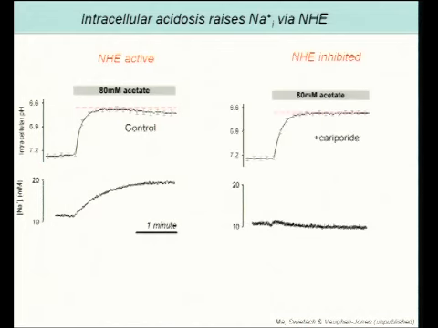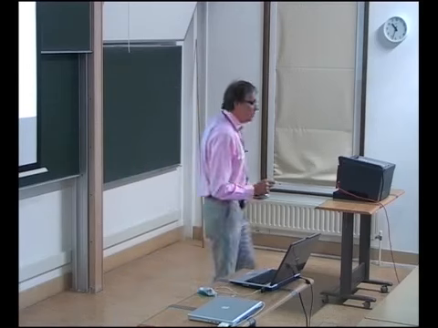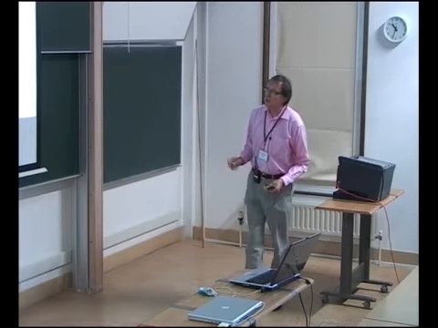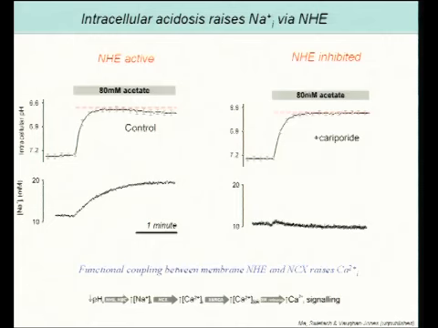And it's associated with a very large rise of intracellular sodium measured using a sodium-sensitive fluorescent dye. If you inhibit sodium-hydrogen exchange, so you're inhibiting the efflux of protons in exchange for the influx of sodium, there's no rise of sodium. So bear that in mind.